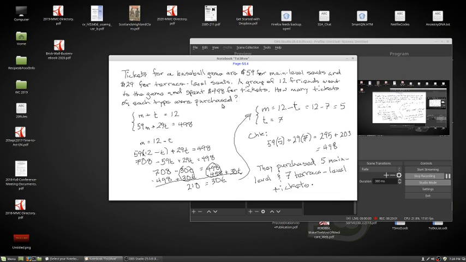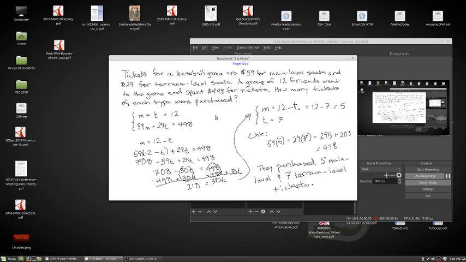In other words, they may be friends, but some of them have more money than the other ones, and so they didn't all sit together. Well, we know that they bought 12 tickets all together, so if M is the number of main level tickets and T is the number of terrace level tickets, we get M plus T is equal to 12.